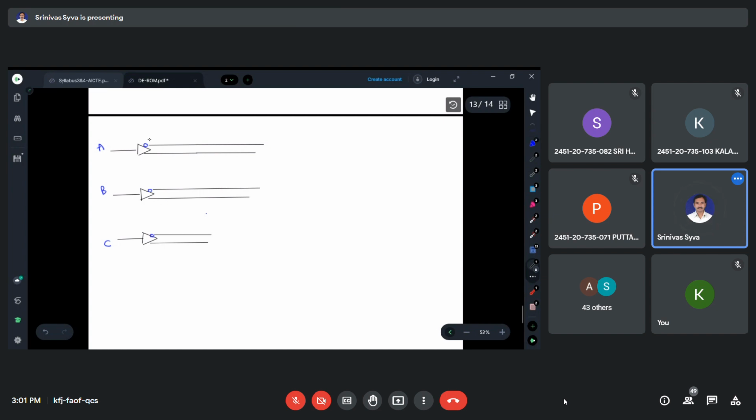Here we have a bank of AND gates, for example, like this. Here the AND gates are programmable.